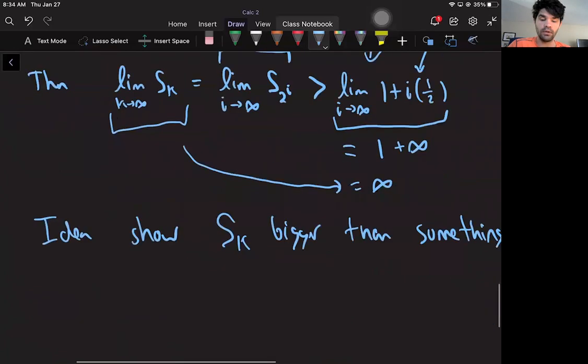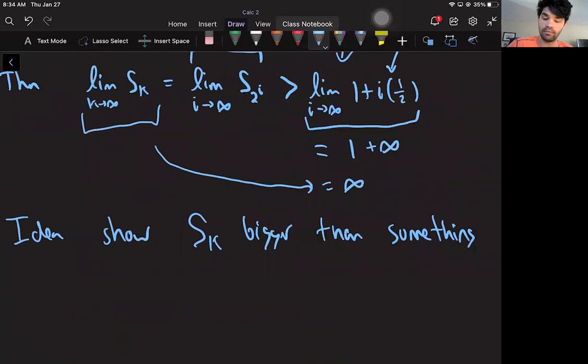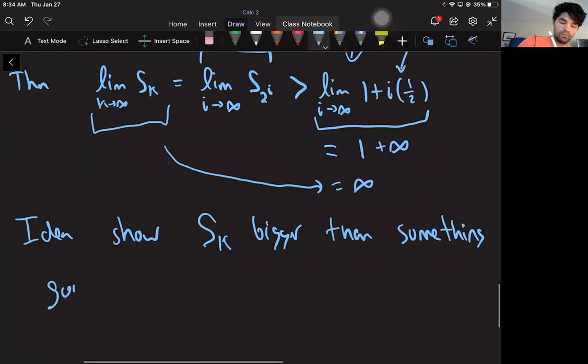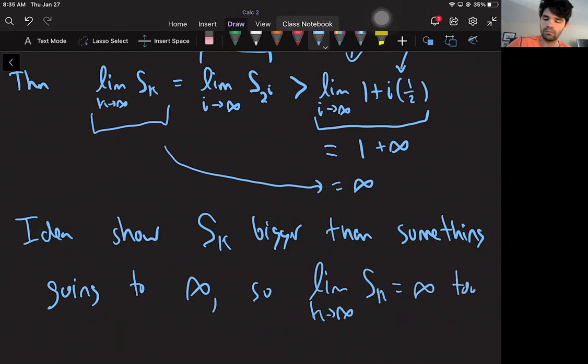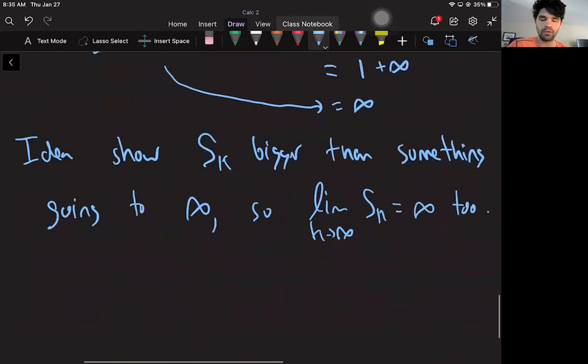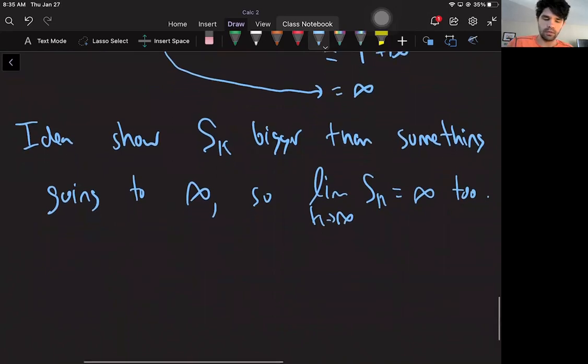We just show a formula that it's bigger than. So we show that S_k is bigger than something going to infinity, so it must also go to infinity. So it's sort of just a comparison.